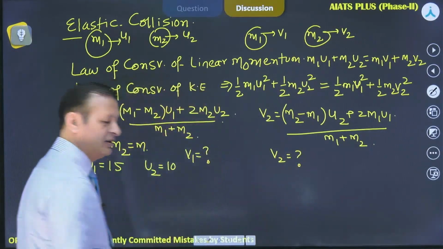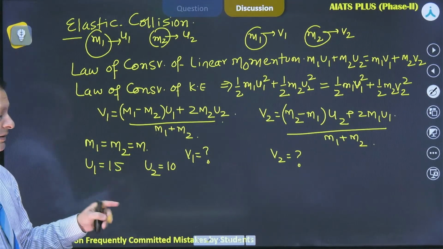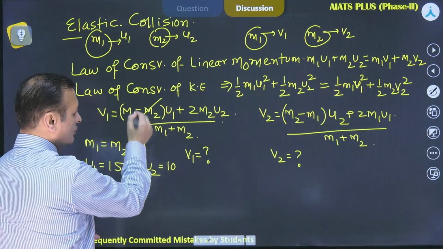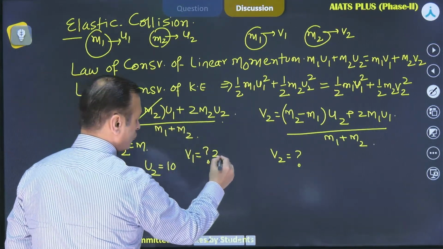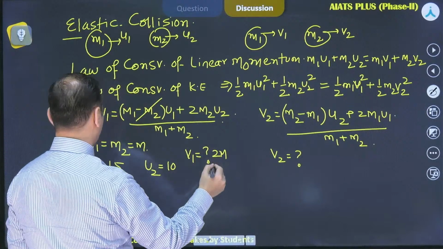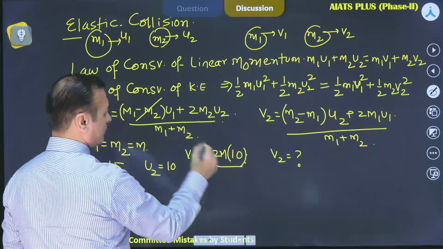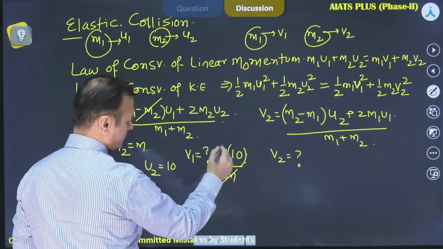So this was the situation. Now let's apply the formula. So when you find out v1, this part goes. So 2 m2 is again m. What is u2? u2 is 10. And m1 plus m2 will also give you 2m.